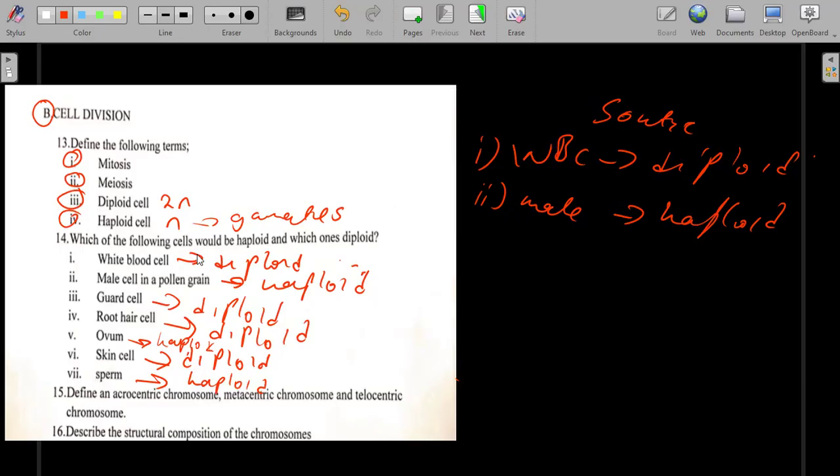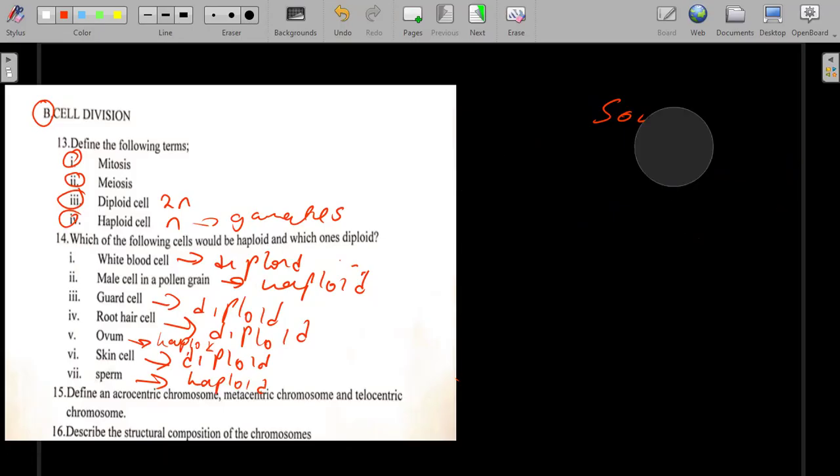So we can proceed to question number 15. Go to question number 15. So question number 15 is saying, define acrocentric chromosomes, metacentric chromosomes, and telocentric chromosomes. So we start with the first one.